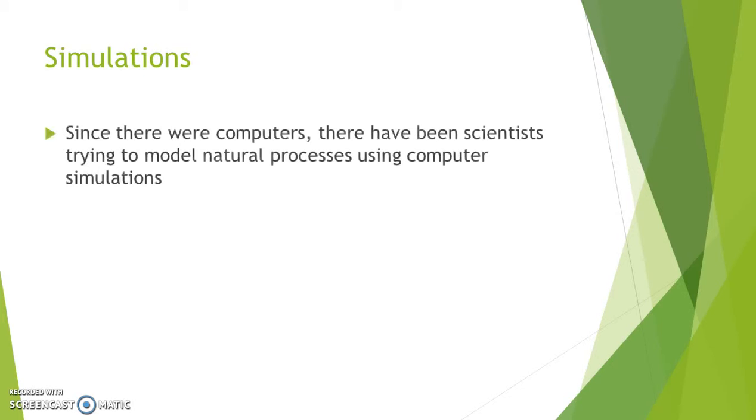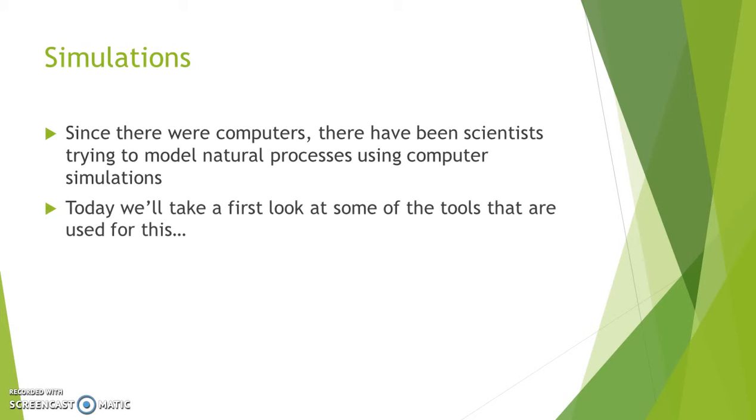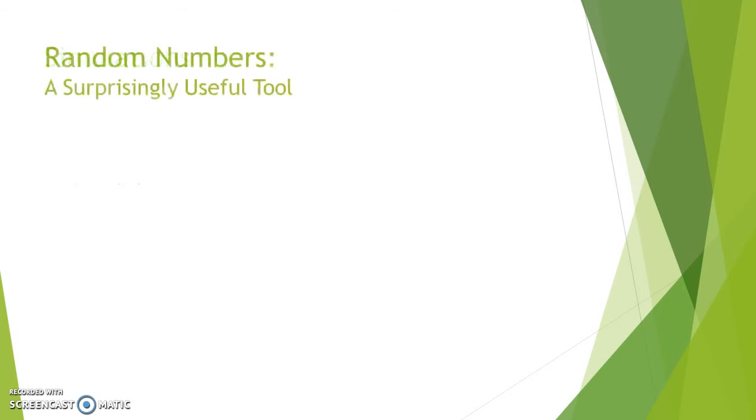But really, since there have been computers, there have been scientists trying to model natural processes using computer simulations. What we will talk about today will be just an introduction to some of the simplest of these tools. And the first one is something rather fun.